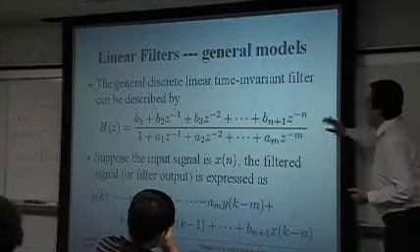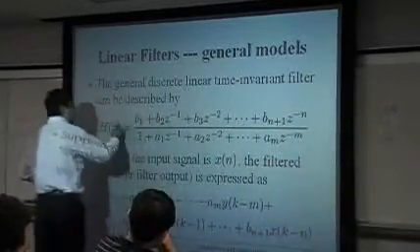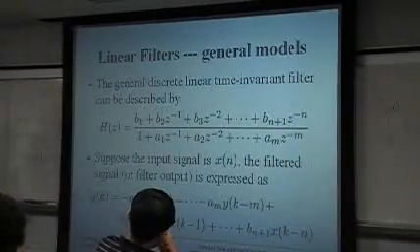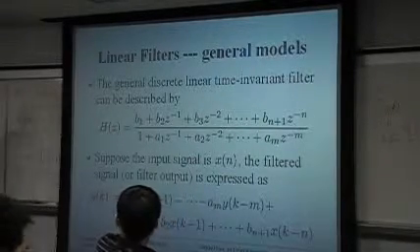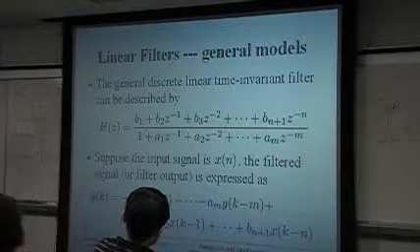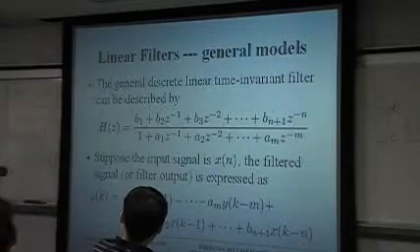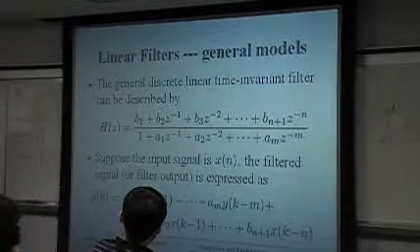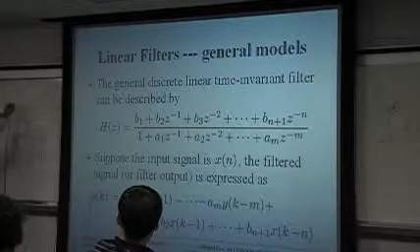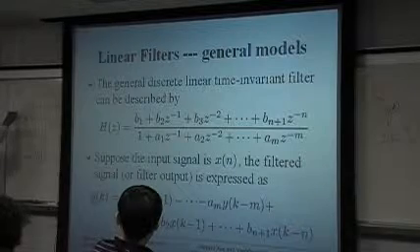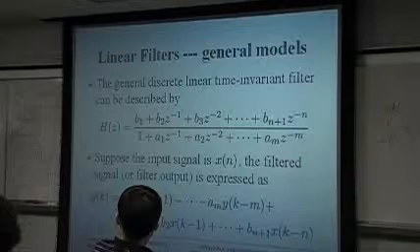This is a common form of a filter. If the numerator is 1, then it is called an AR model. If the denominator is 1, it is called an AR model. And apart from that one, I think there are FIR models, finite impulse response, or infinite impulse response models.